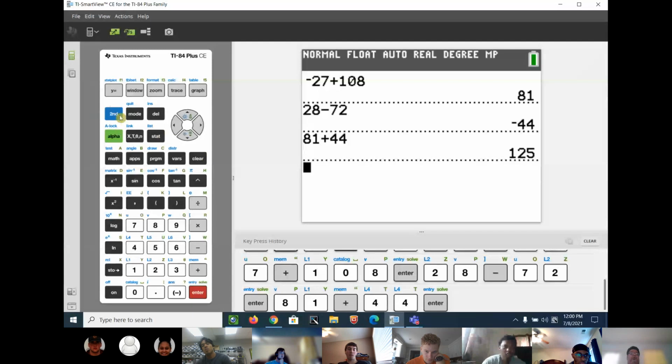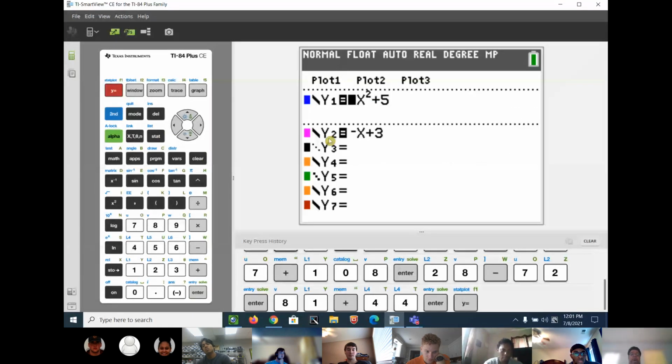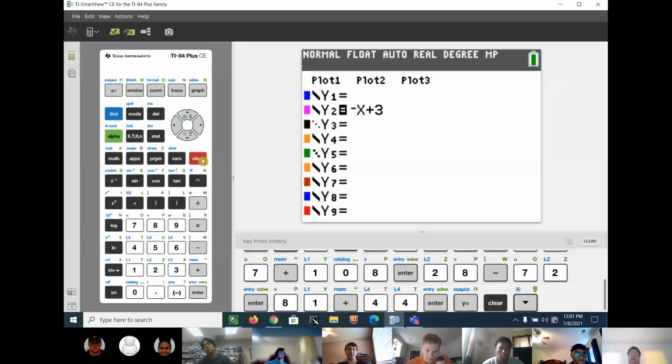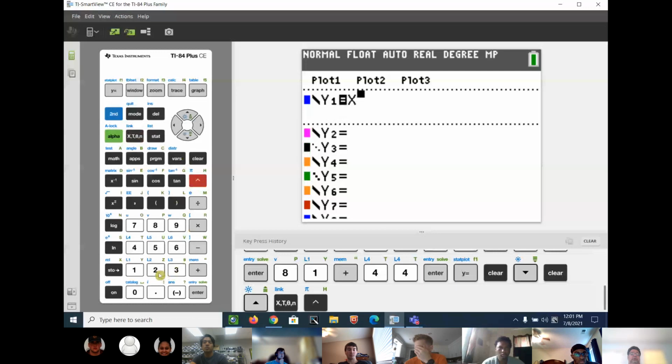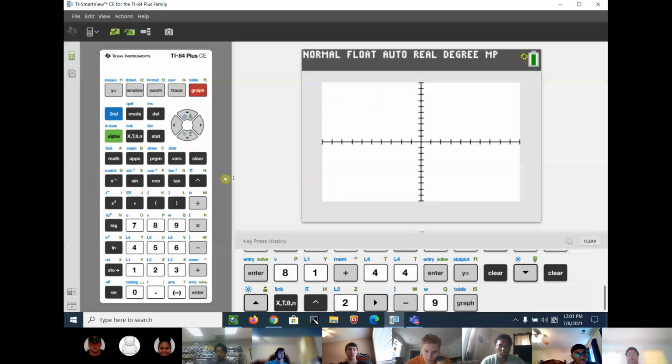Take f of 1, or y is equal to x squared minus 9, and enter. Of course, y'all know what it looks like.